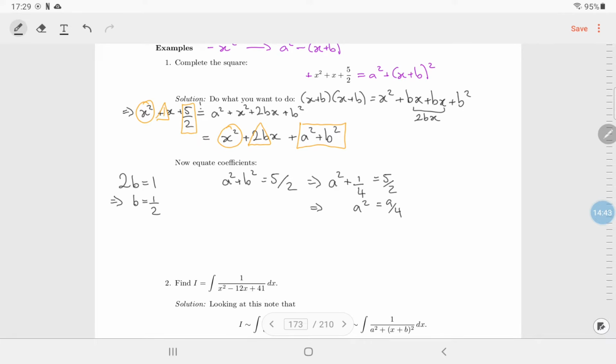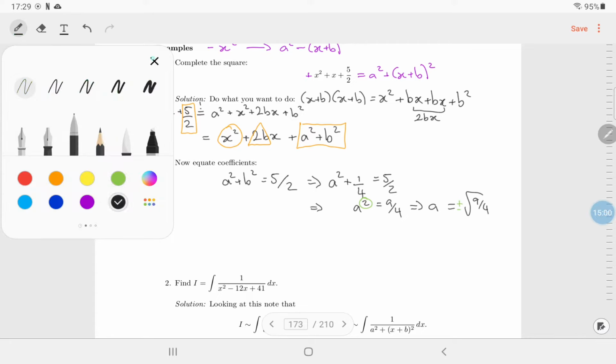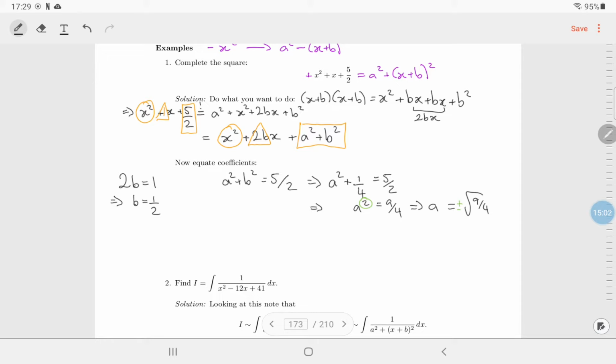And then to get rid of the square, you can take the square root of both sides. But you want to be careful, because in general with a square there are two solutions. You can pick the negative one, but it's kind of pointless. It's not wrong. Say you want to write 9 as a square: you can do it as 3 squared, or as minus 3 all squared.